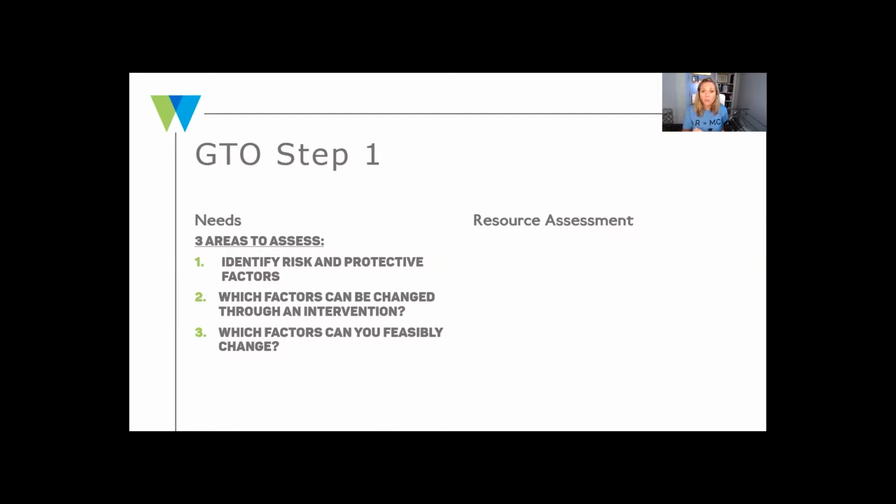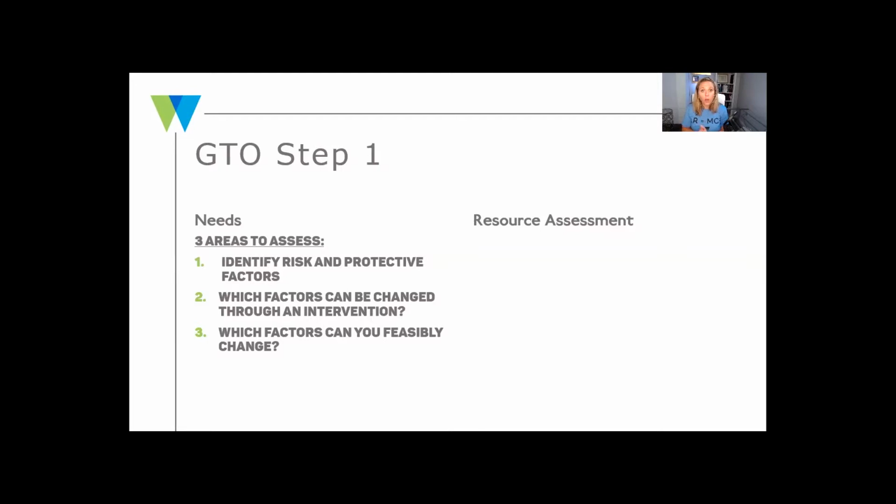These are things that you can change. They're changeable factors. From those, figure out which ones you can feasibly change, that the people within your team can do because we have the power and authority to do it. So those are the 3 areas to consider as you're doing your needs assessment.